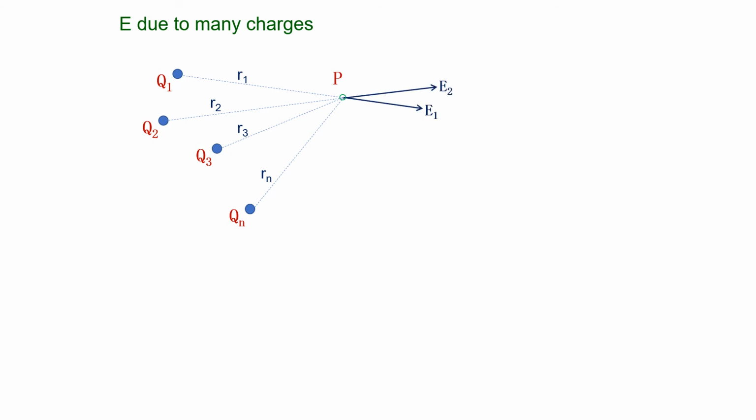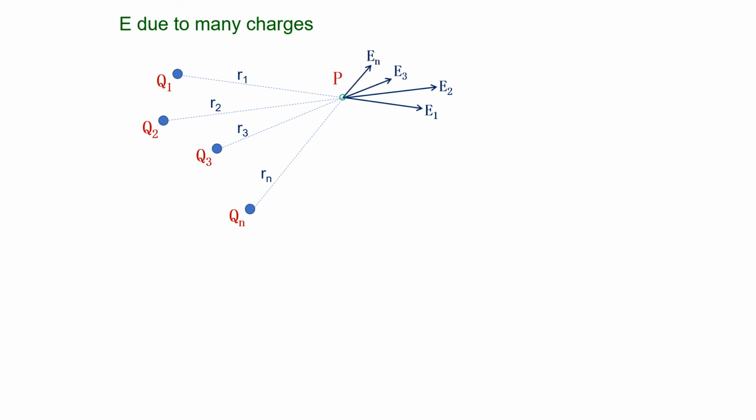We will understand the electric field intensity due to multiple charges. You have here n charges which are at distances of r1, r2, r3, and so on up to Rn from a point P. Due to Q1, E1 is away from Q1, E2 away from Q2, E3 away from Q3.